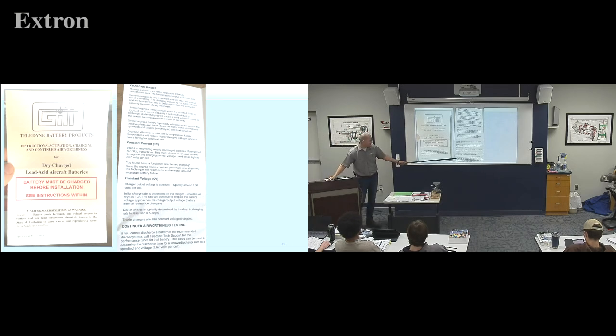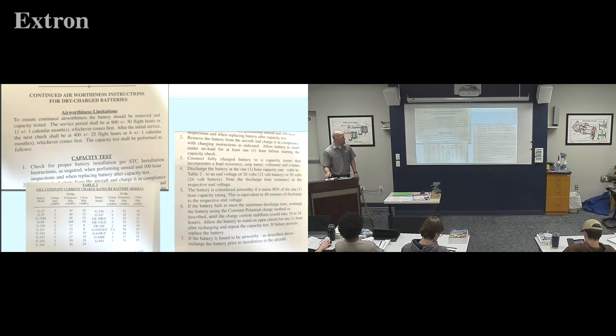All right. Continued airworthiness testing. That's the big line that you'll come across in regs class. Some of the slides will show some of that stuff. This particular battery I put in was a G35, I believe. As I'm clicking through these slides, I'm going to click over to G35.